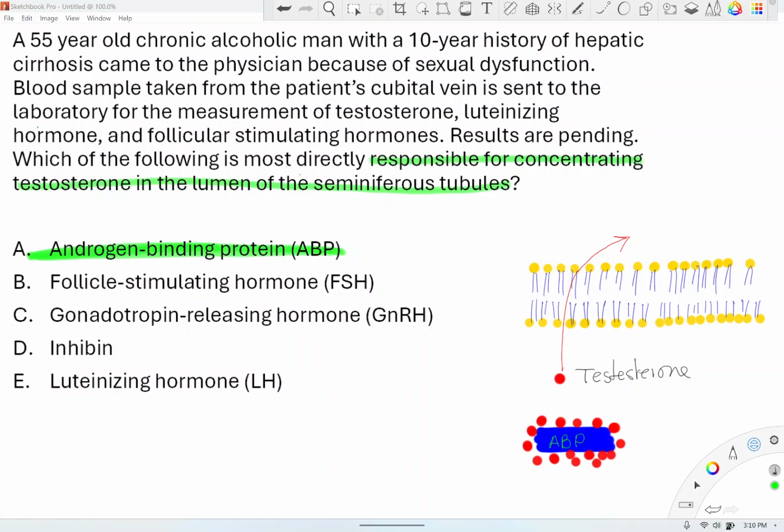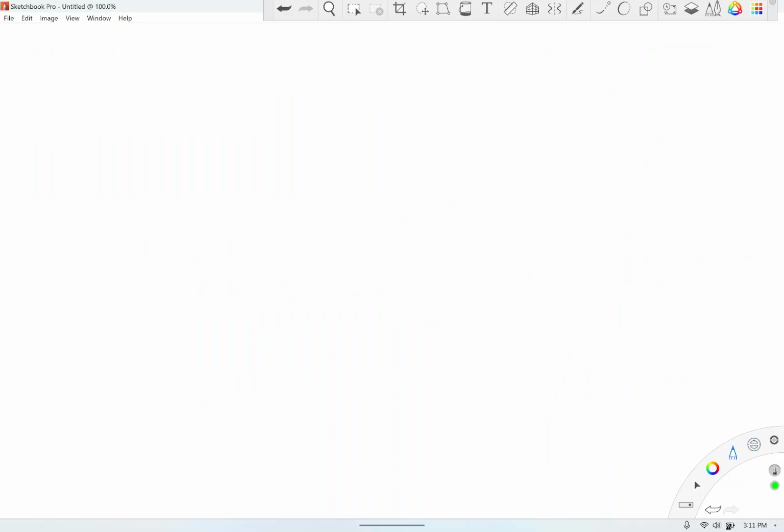Okay, let me switch to a different page. I have this app so I can do this. To answer these questions, we need to talk about the endocrine system. In the endocrine system, we have the hypothalamus, H, the anterior pituitary, AP, and here are the Sertoli cells.